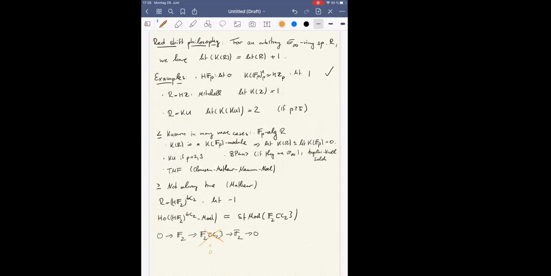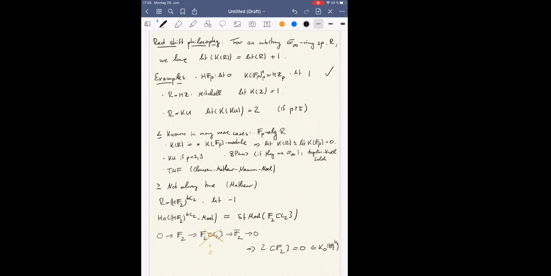So in particular, the short exact sequence F2 to F2, C2 to F2 implies that 2 times the class of F2 is 0 in the K0 group of the stable module category, and hence in the K theory of HF2 Tate C2.